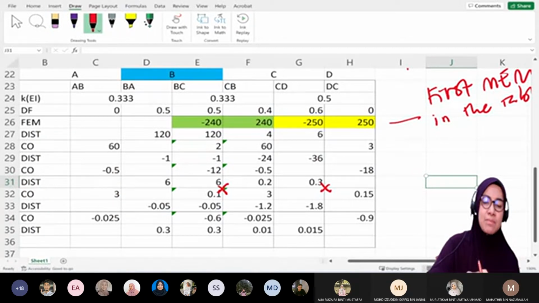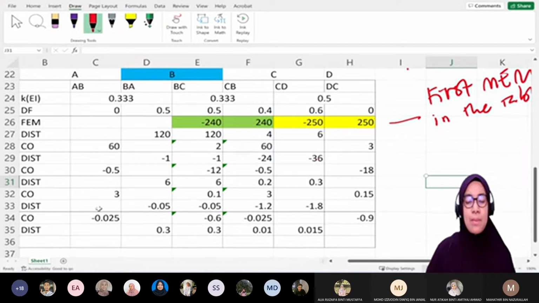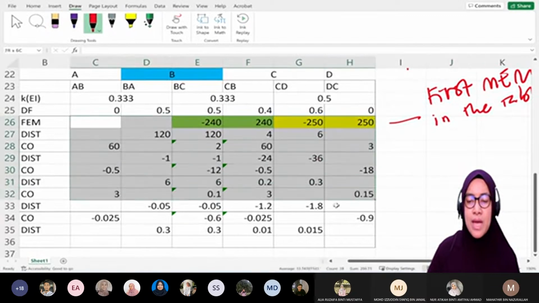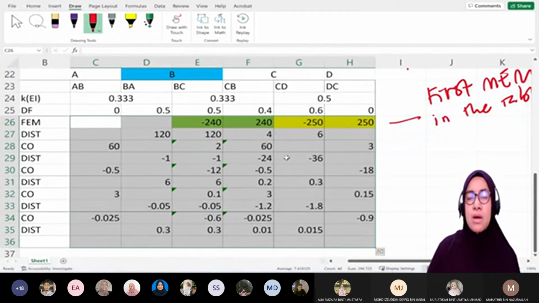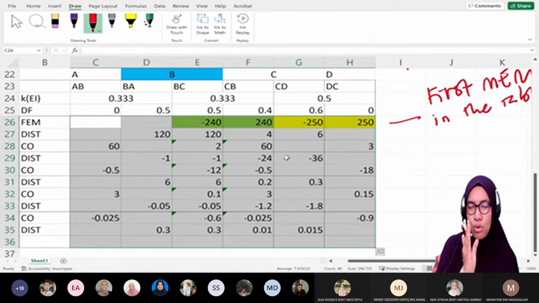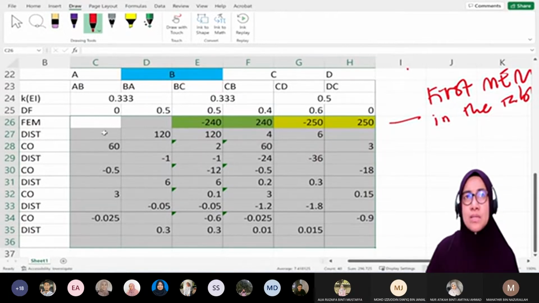So now we will calculate member end moment. Member end moment, senang je nak calculate. Kita totalkan from fixed end moment until the last distribution. Totalkan all the moment values row by row, starting from the first distribution, from fixed end moment until the last moment.